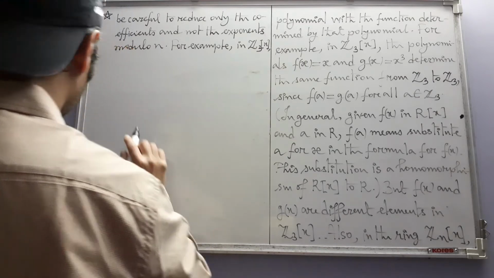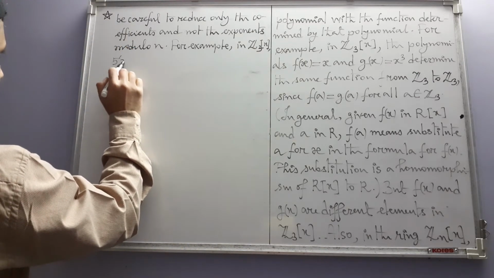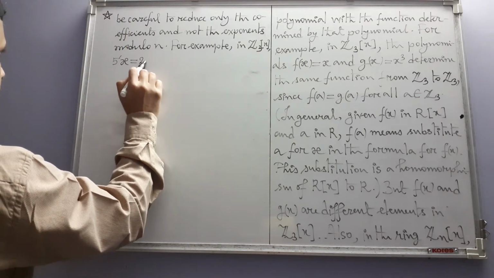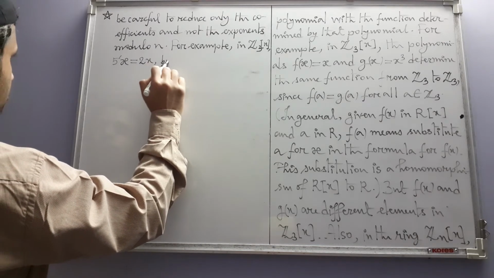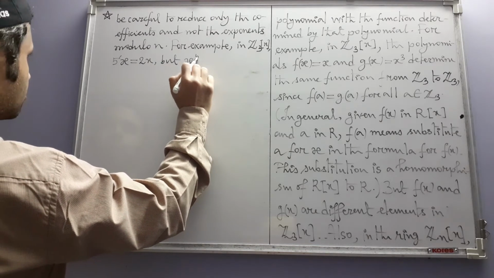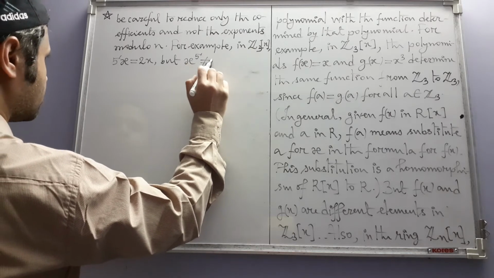In Z3[x], 5x is equal to 2x, but these are not equal.